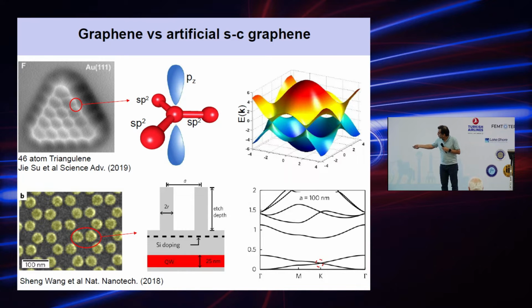They constructed nano pillars like this, and they constructed a honeycomb lattice out of these pillars, which will distort the potential felt by the electrons in the quantum well, and they observed the Dirac cone, so it behaves really like graphene.